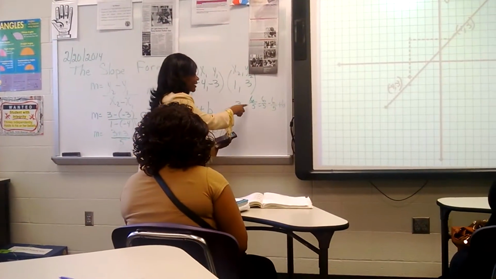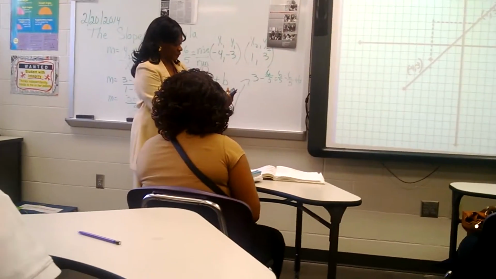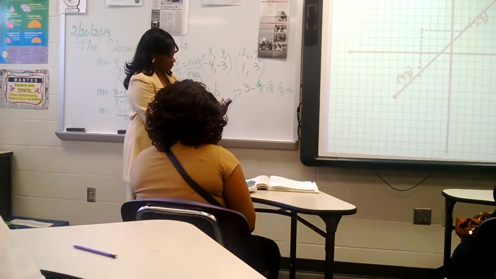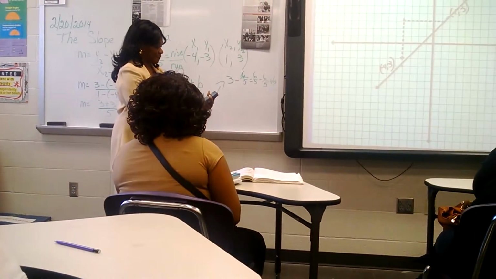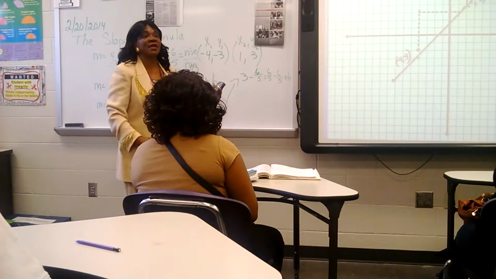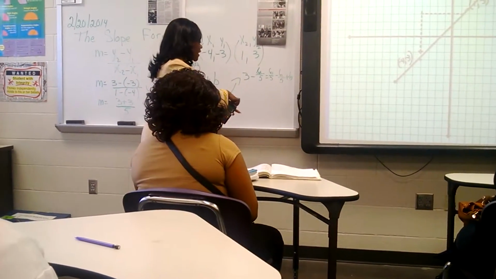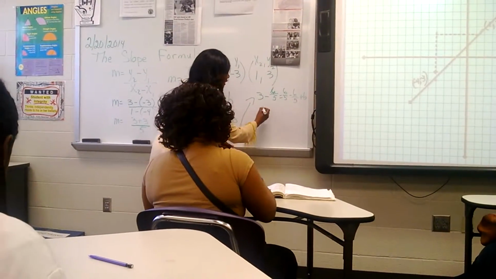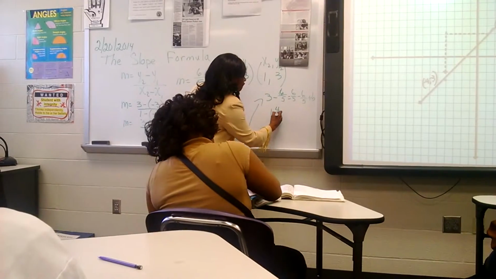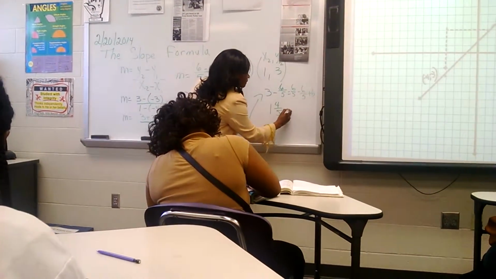We got a negative 6/5 plus 3. That's going to give me a mixed fraction, which is 1 4/5. Hold that for me, baby. That's going to give me 1 4/5 equals b.